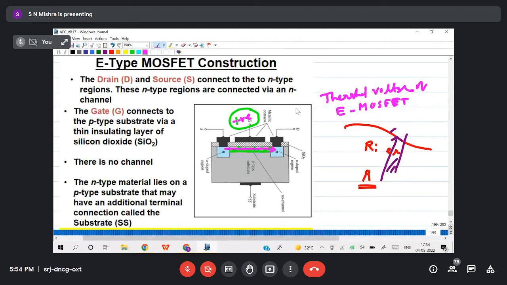So the minimum voltage I should apply here so that the channel is created and current starts flowing is called the threshold voltage. Is it clear?